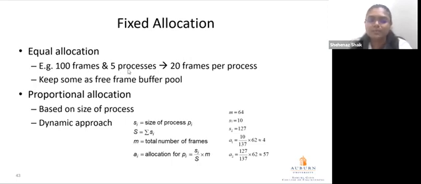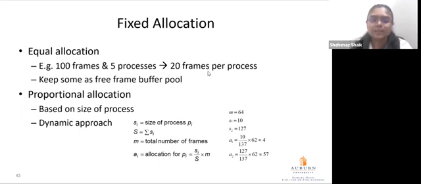Then we should be able to allocate an equal number of frames to each of these processes. Say, for example, if we have the entire memory partitioned into 100 frames, and if we have 5 active processes in the system, then based on the equal allocation method, we allocate 100 by 5 equals about 20 frames per process.